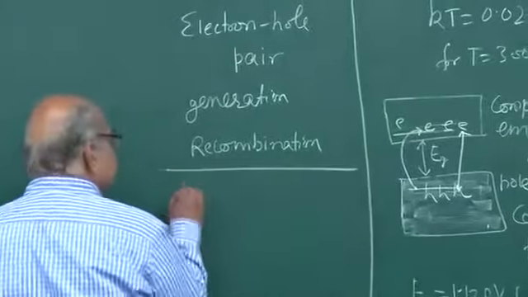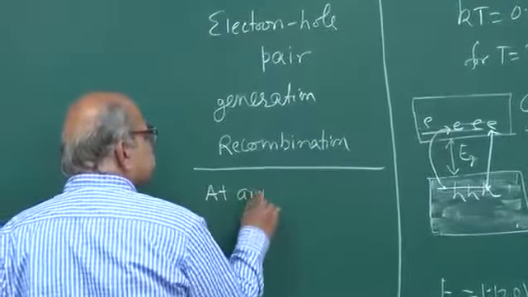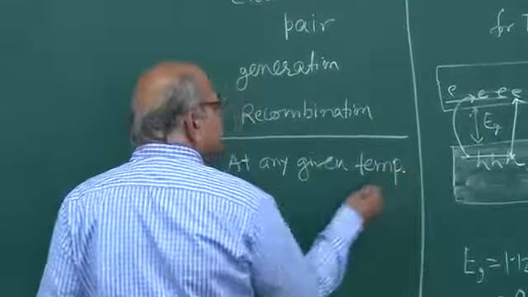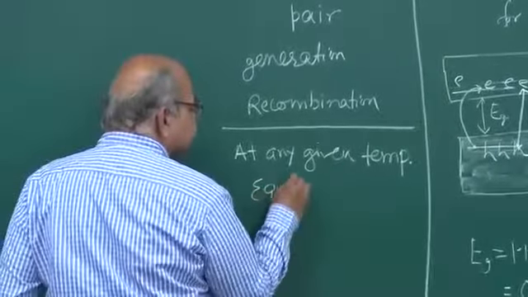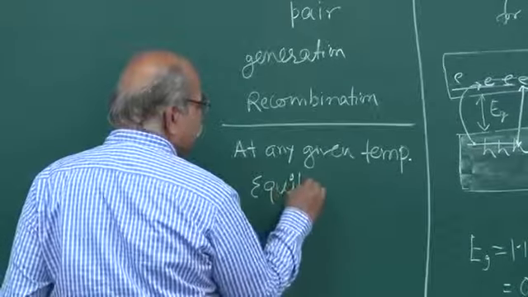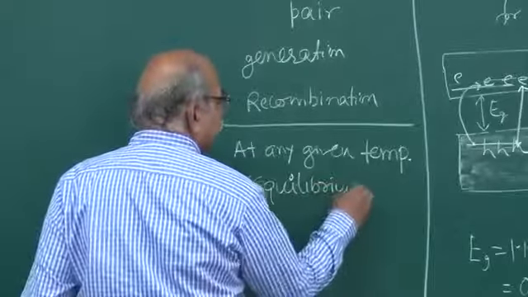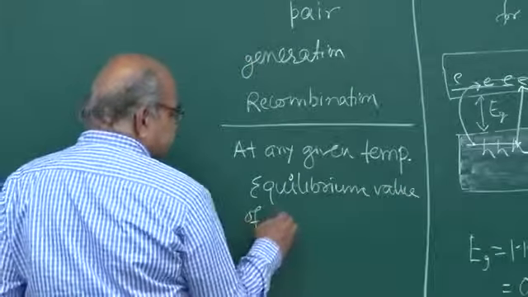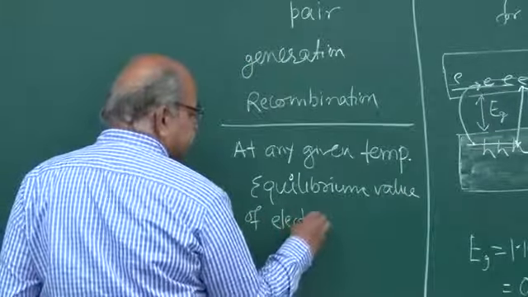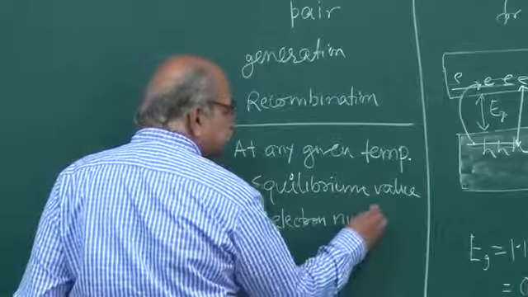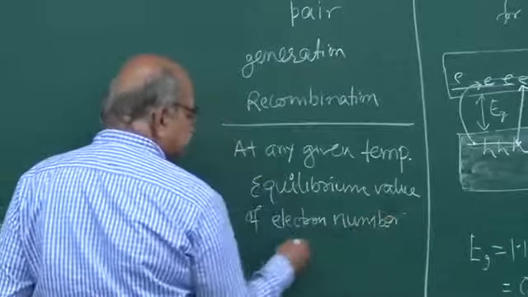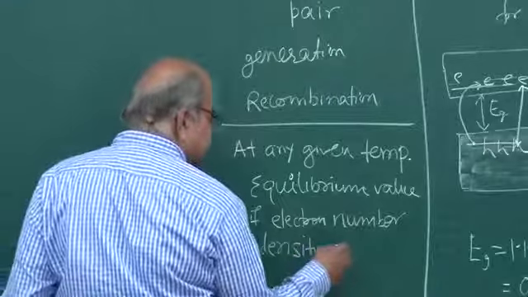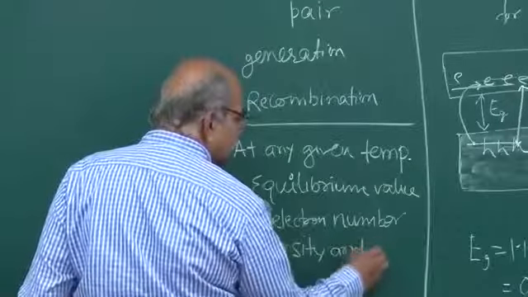So at any given temperature there will be an equilibrium value of electron number density, and that will be the same as hole number density.